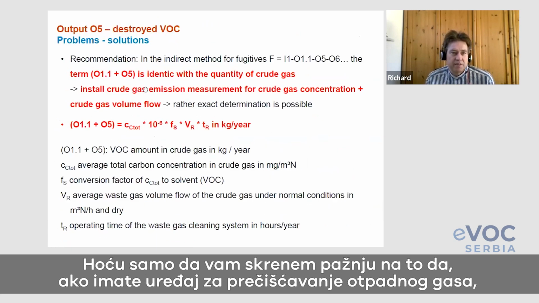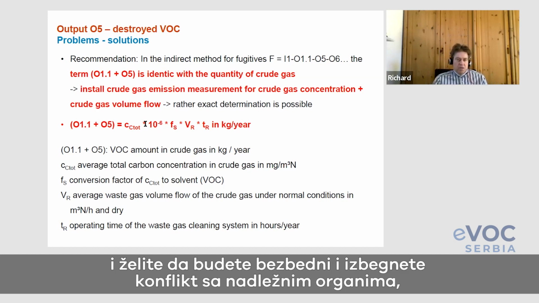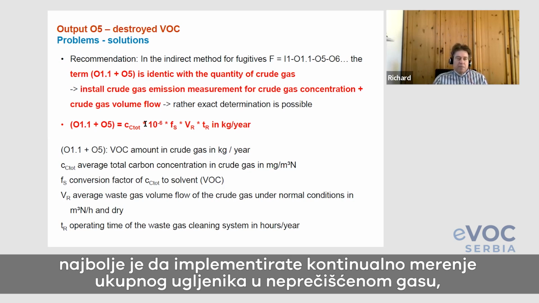What I recommend is here the solution. If you operate a waste gas abatement and you want to be on the safe side and avoid conflicts with the authorities, the best solution is to implement a continuous measurement of the total carbon in the crude gas.